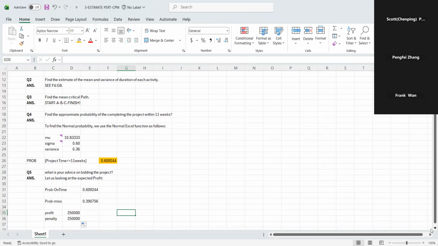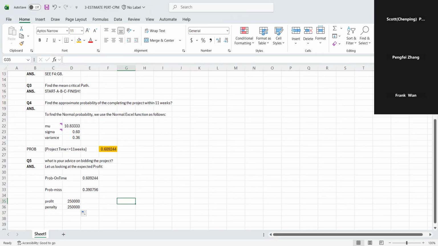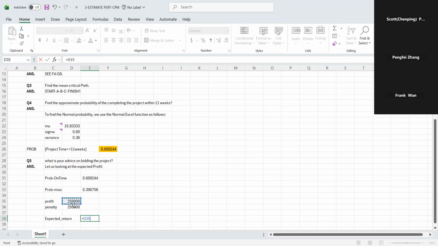So the expected profit, the expected return, is going to be profit times the probability of on time. You have a profit of 250,000 when the project is completed on time.